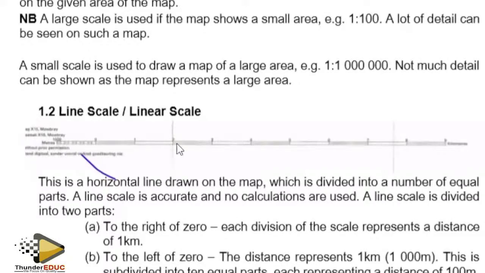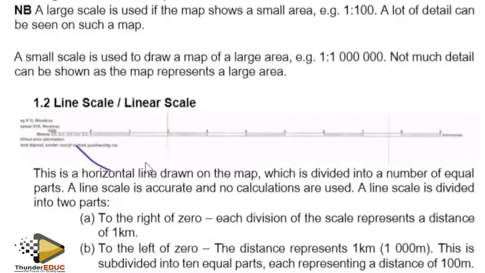The answer you get when doing calculations with the calculator, you must be in a position to get the same answer when you put it on a linear scale. I will do that at a later stage to show you how we can use a linear scale to get the answer.